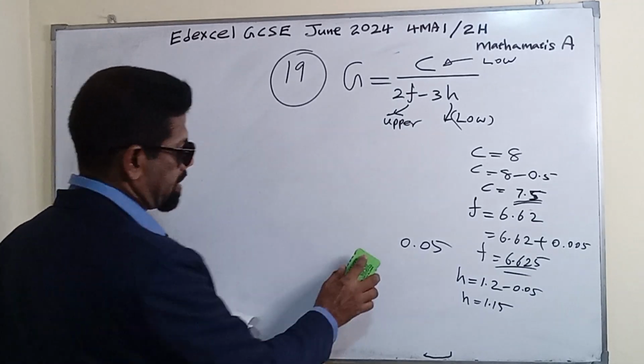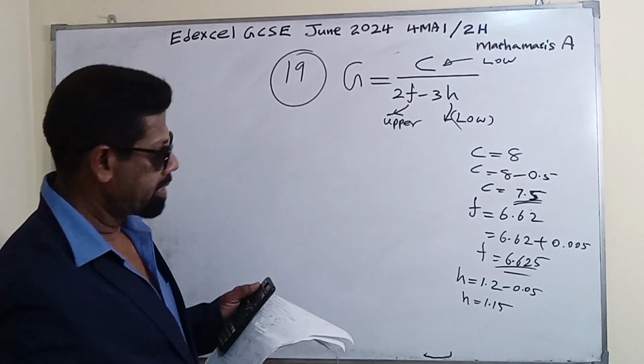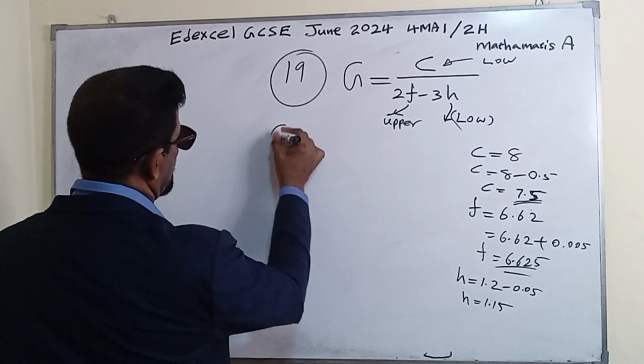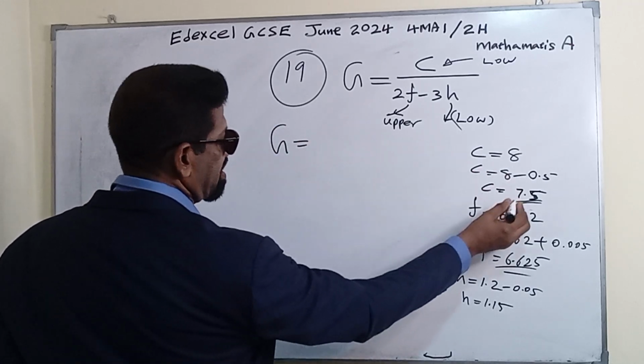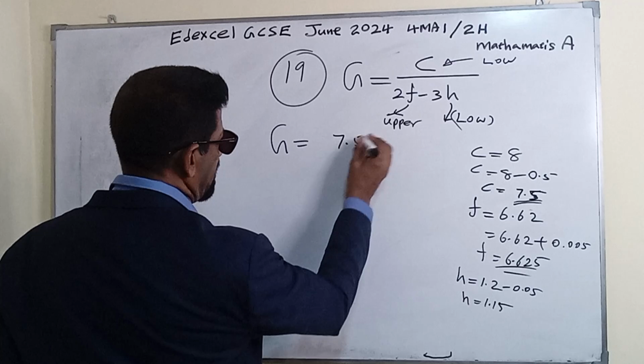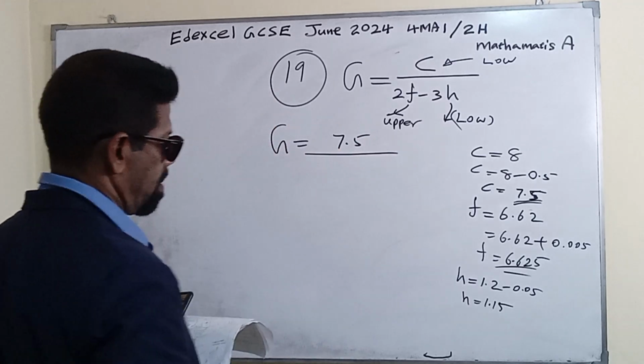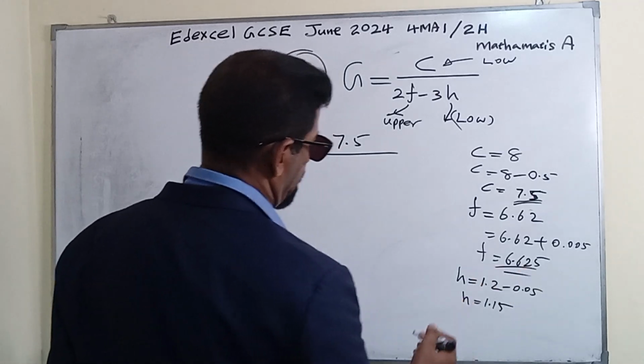Then we know after this substitution that C lower bound is 7.5. So G equals, for C put 7.5, over 2F minus 3H. Very important thing to understand.